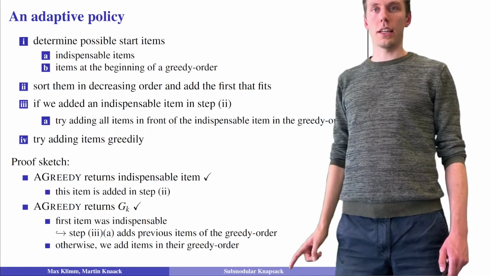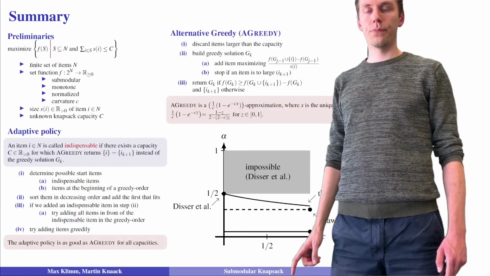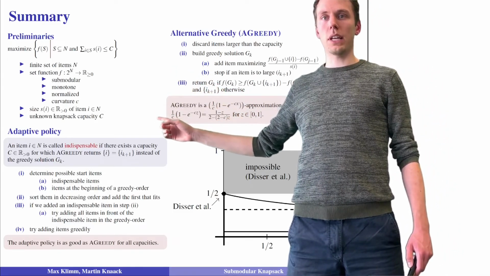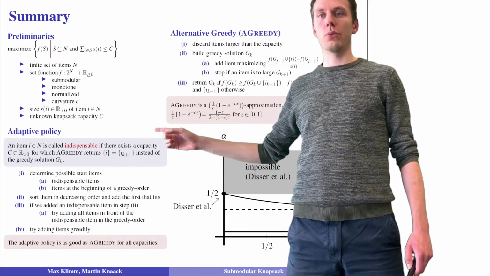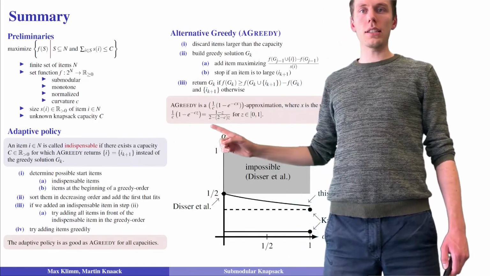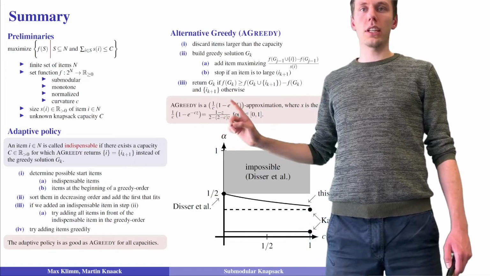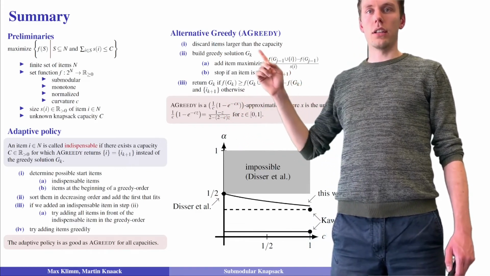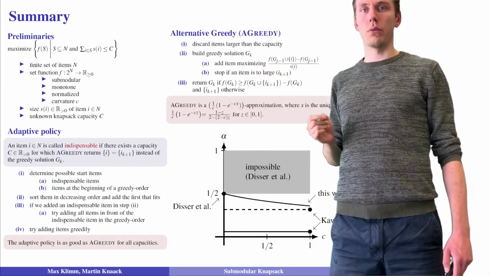And let's take a last look at a small summary. We looked at the knapsack problem, especially for submodular functions with unknown capacity. We have seen that the modified greedy algorithm cannot be used to achieve adaptive policies. That's why we looked at an alternative version, the alternative greedy algorithm.